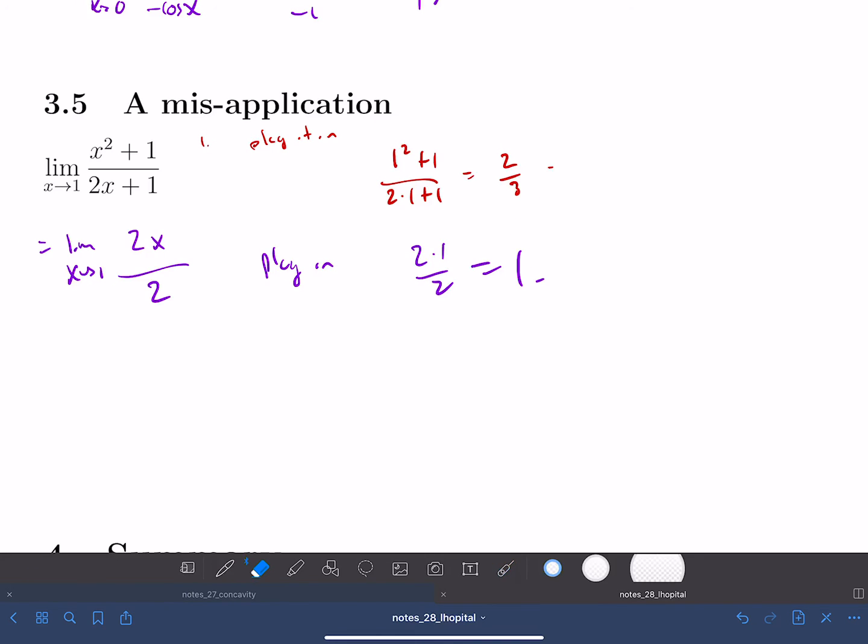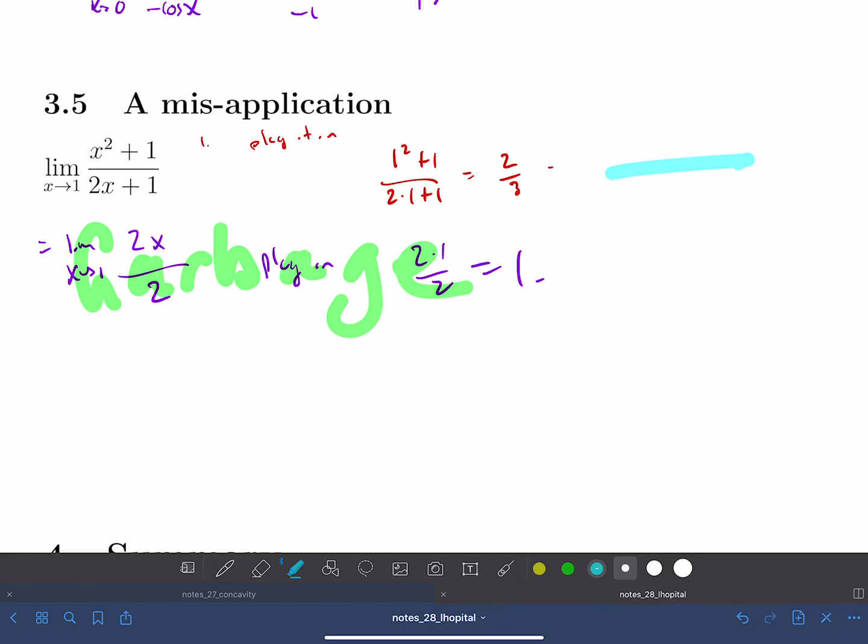So all of this is total and utter garbage. Because you didn't check first, right? You got to check first.